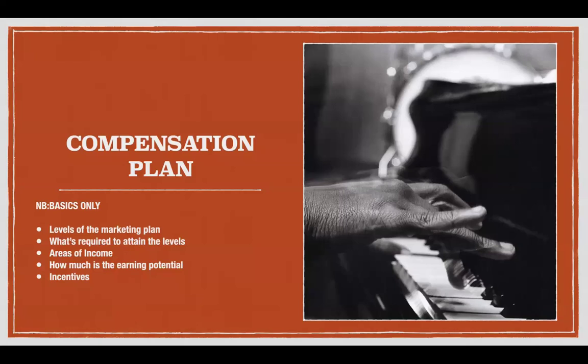Then you move on to your compensation plan. On your compensation plan, one thing that I've noticed is we tend to want to give the person all the information all at once. But when you are doing your compensation plan, focus on the basics only.